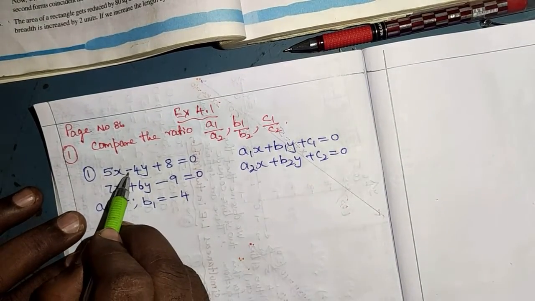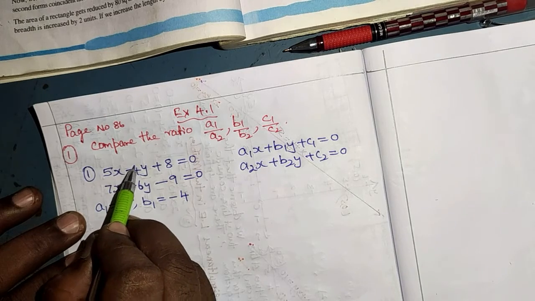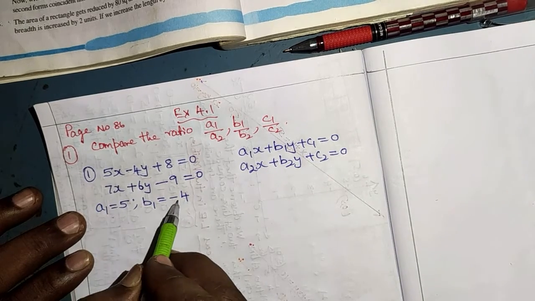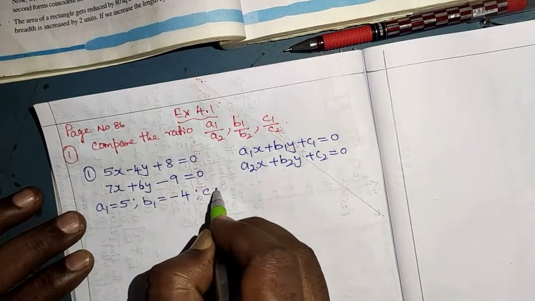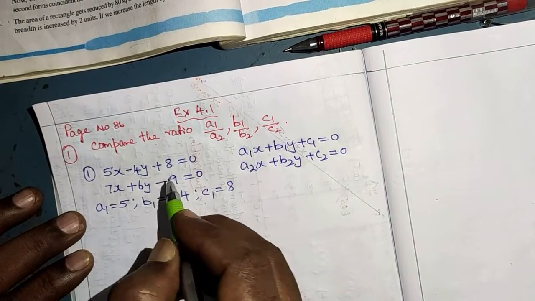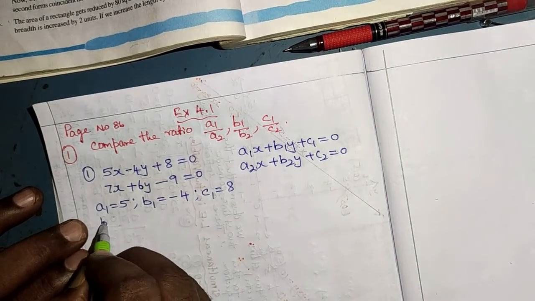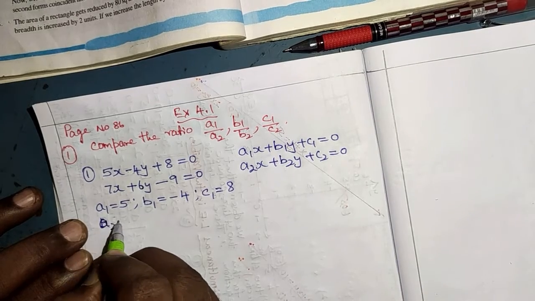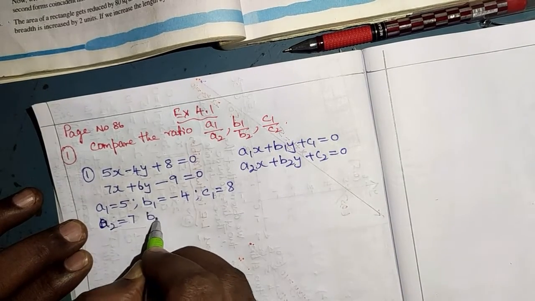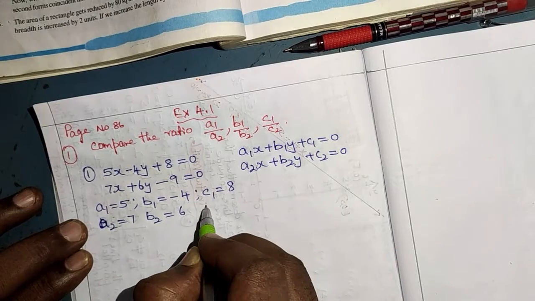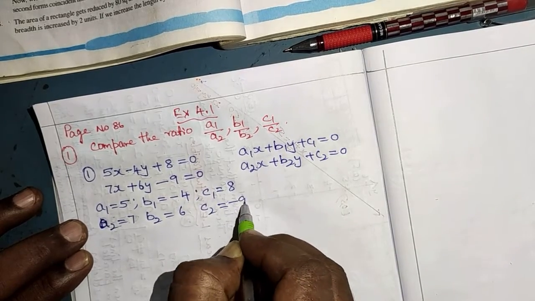b1 is minus 4. Here the coefficient is 4 and the sign is minus. c1 is plus 8. Now a2 is 7, b2 is 6, c2 is minus 9.